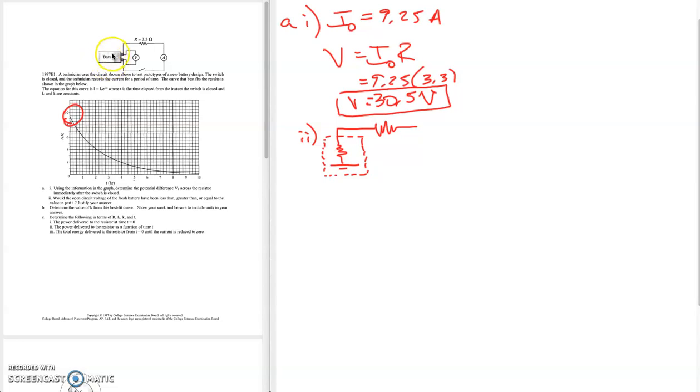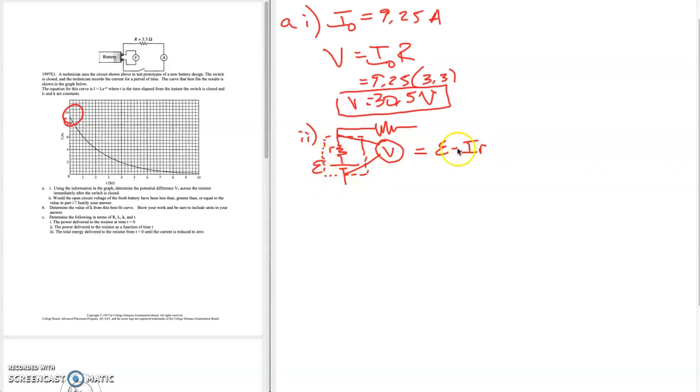This battery that they have labeled here inside my dashed box is going to be modeled by an ideal part and an internal resistance. And if we measure the voltage drop across the actual battery when it is in use, this is going to be the ideal part minus the current times the internal resistance.